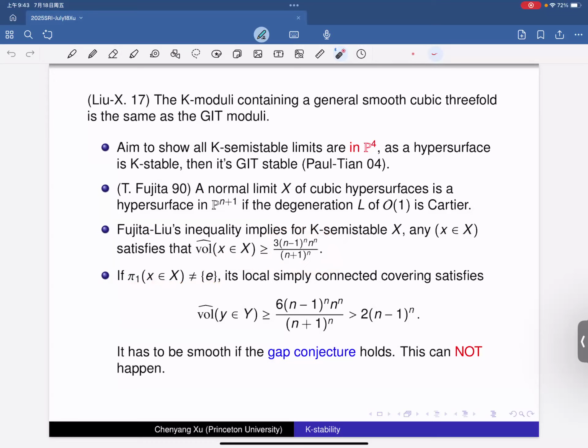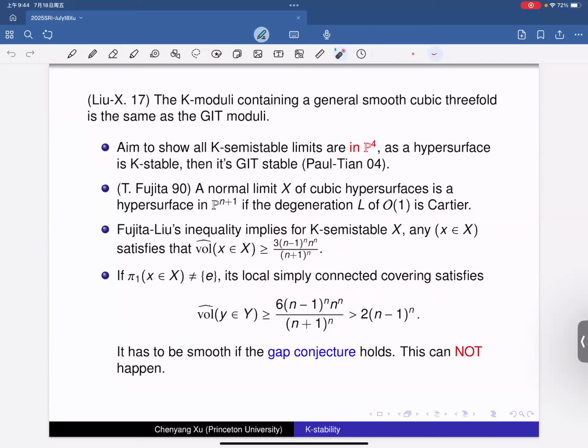If local pi1 is not trivial, then I can take a universal cover. By the finite degree, the volume will go up by the same degree. If it's 2, it's just 2 times this number. It's already 6 of this number, which is larger than the supposedly second largest volume.